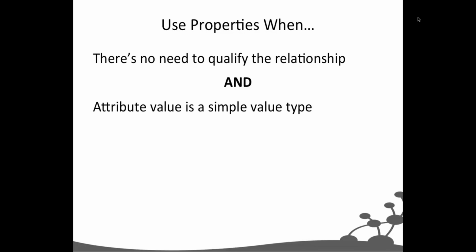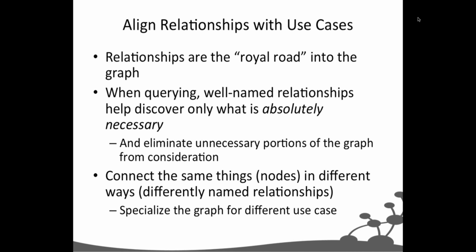Okay, so that's the basic rundown, the way in which we can apply those graph primitives in order to model some of the interesting stuff in our domain, the way in which we can identify candidate nodes, labels, and relationships just by looking at some of the language that we use to describe our domain, and then looking at the issue of when to model an entity attribute as a property and when to model it as a separate node and a relationship.